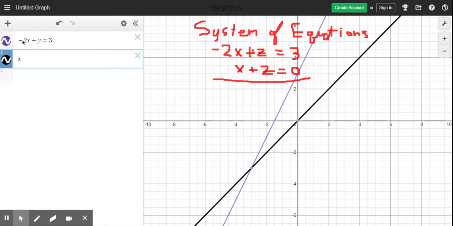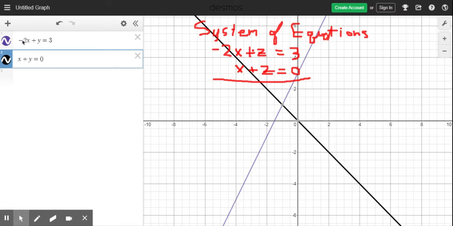The purple line is the graph for negative 2x plus y equals 3, and x plus y equals 0 is this black line. And you can see that they intersect right here at negative 1, 1. So we can see from this, there is one pair of numbers that would make both of these equations true.